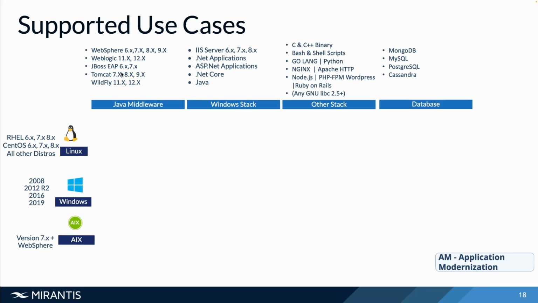So here, in the example I showed, I'm using a Tomcat 9 platform, Windows stack with .NET Core, IIS servers, Java applications, and other stacks like Node.js, Nginx, Ruby, C and C++ binaries, right? So all of these are supported.